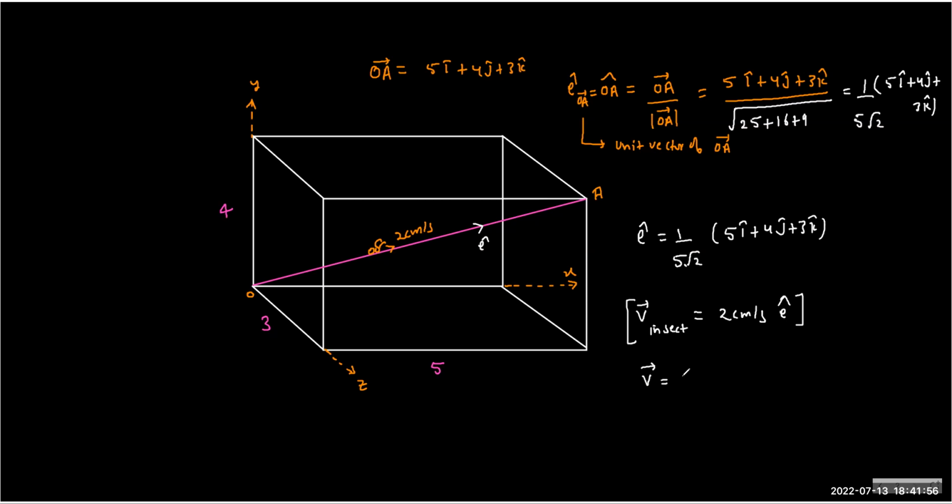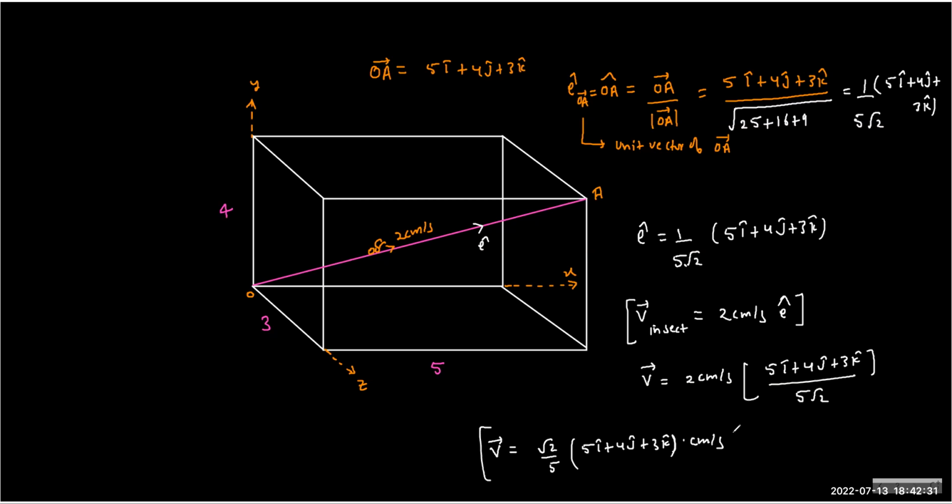To move forward, you can also substitute the value. And what was that? 5 i cap. Understood? So the final answer is root 2 by 5, I just multiplied root 2 and 2, times 5i plus 4j plus 3k, centimeter per second.